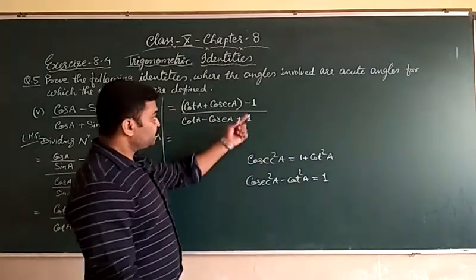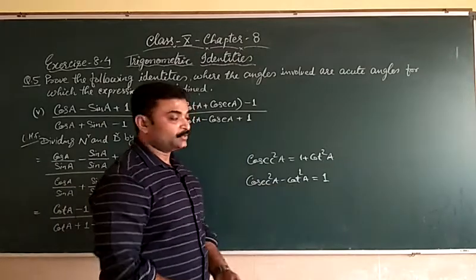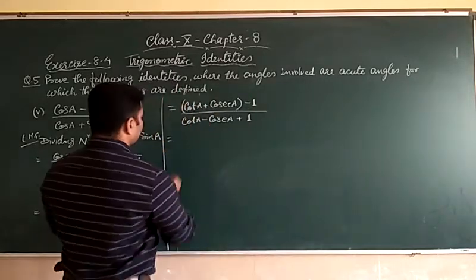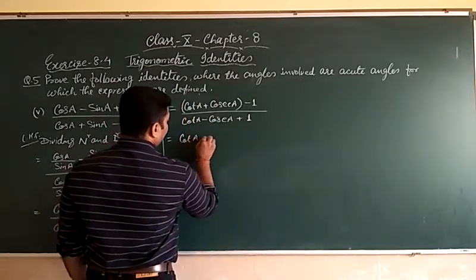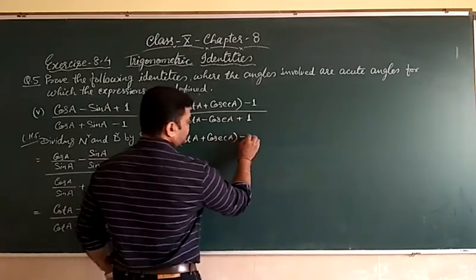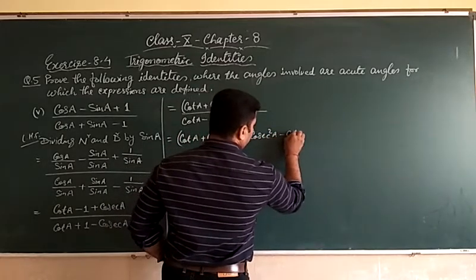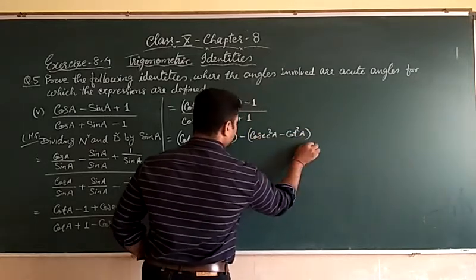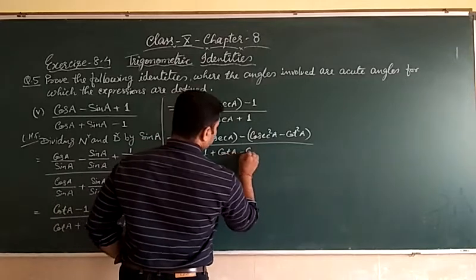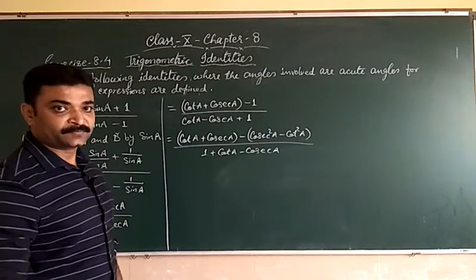So in place of this 1 we can write cosec square A minus cot square A. We will write here cot A plus cosec A minus (cosec square A minus cot square A) here, and whole upon 1 plus cot A minus cosec A. Understood?